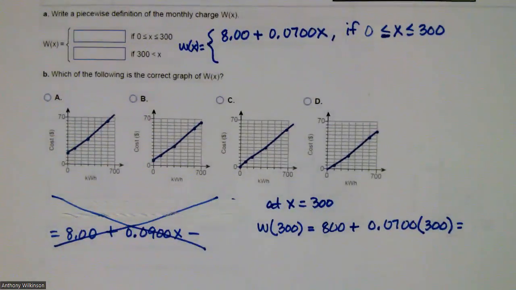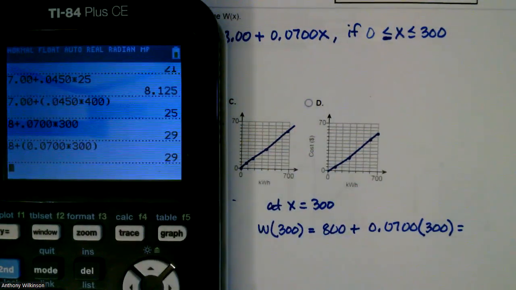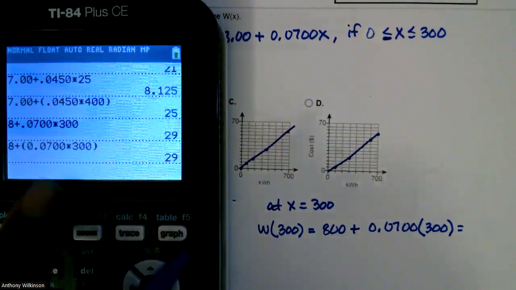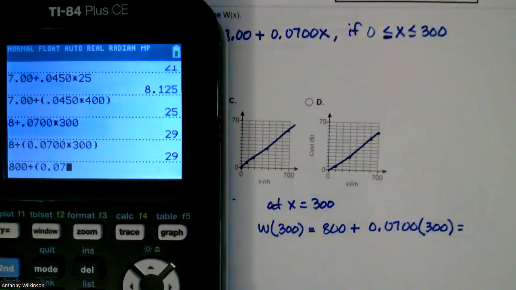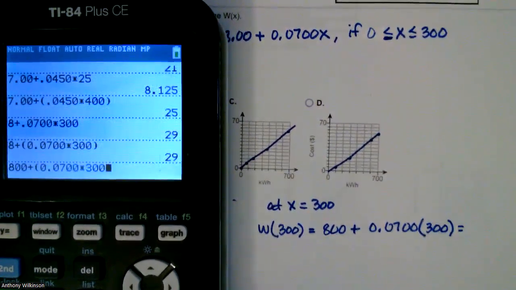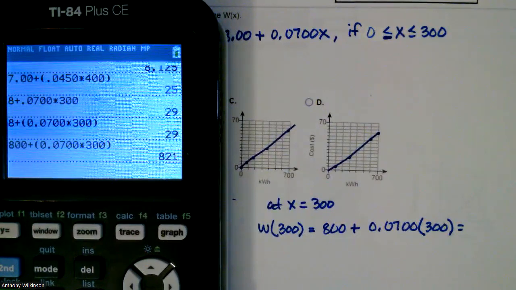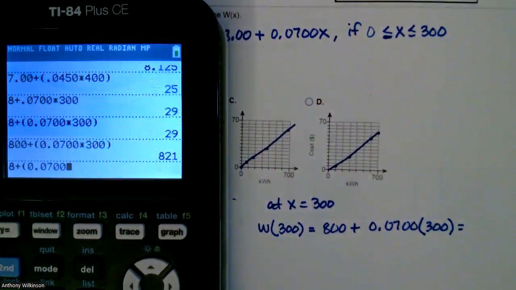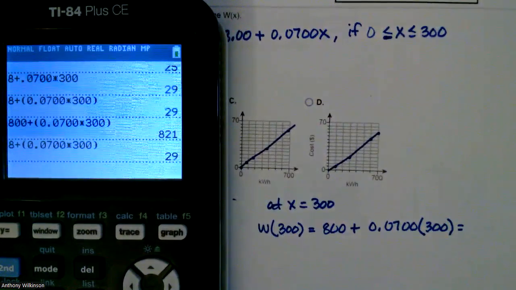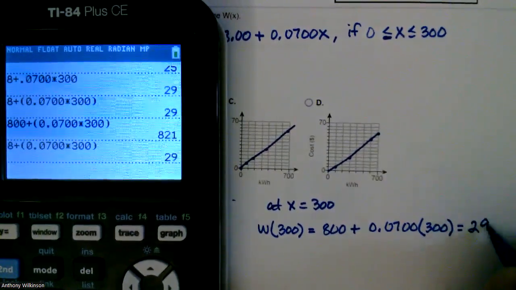If you put this in a calculator, I'm going to go ahead and do it again. 8 plus 0.0700 times 300, that would be 29.